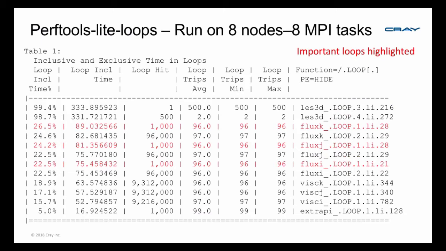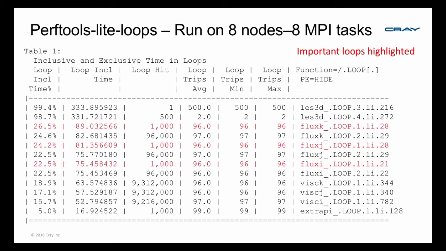And so basically what you see is the top level loop is 99.4% of the code. Now it turns out this is the timestep loop, and we're not going to parallelize that. The second highest loop is a loop that only goes 1 to 2, and this is kind of 2 separate sweeps of the grid.